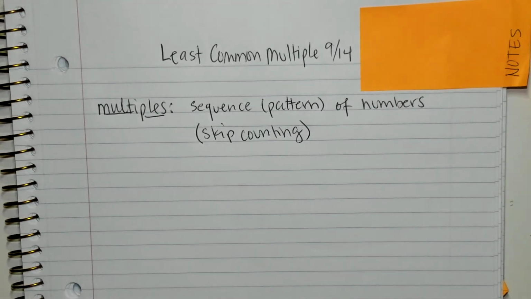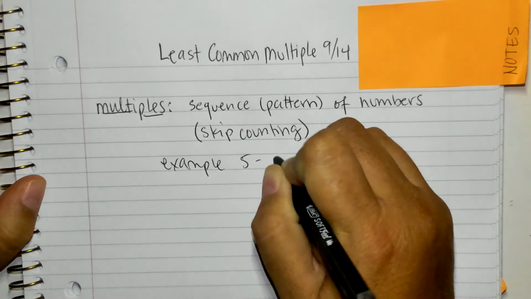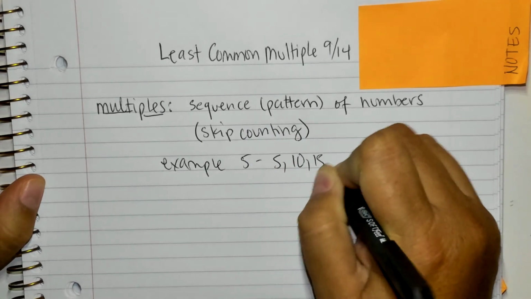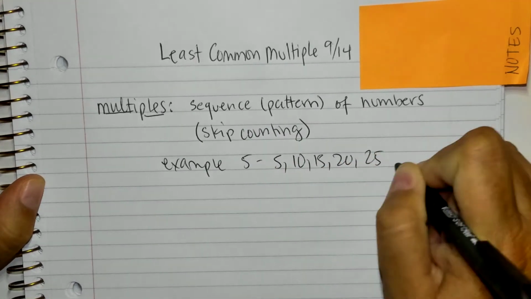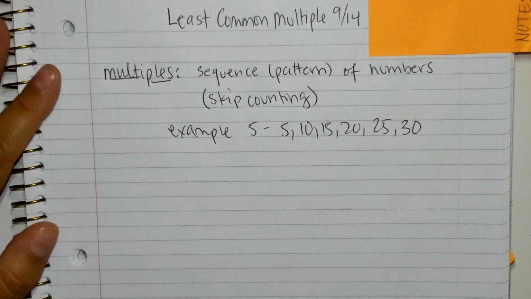3, 6, 9, 12, 15, 5, 10, 15, 20, 25, okay? 60, 120, 180, 240. So skip counting is multiples. So I'll show you, do an example of 5. And I'm going to write down what I just said.